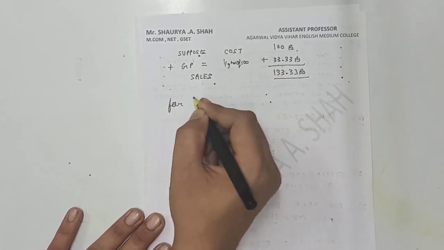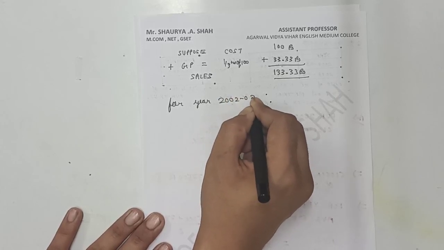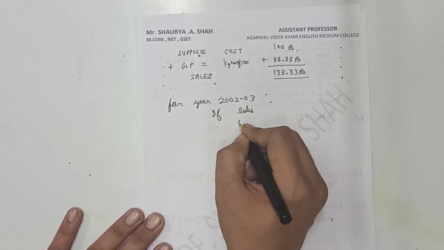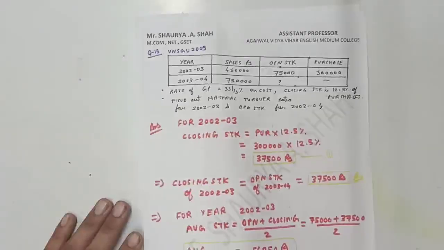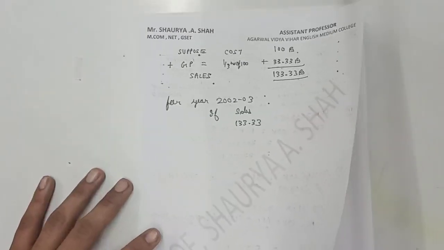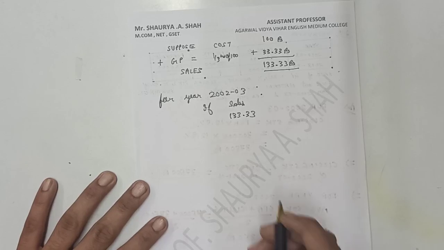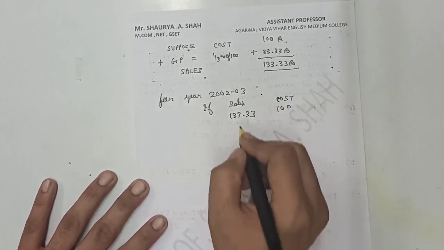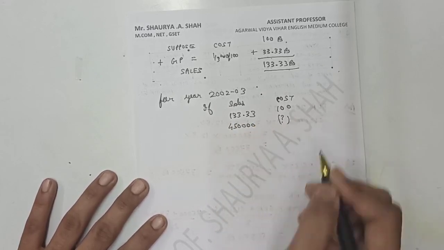So for the year 2002-3, if my sales is 133.33, that is given in the question as 4,50,000 rupees, right? So if 133.33 rupees is my sales, my cost is 100. So if my sales given is 4,50,000 rupees, how much will be my cost?